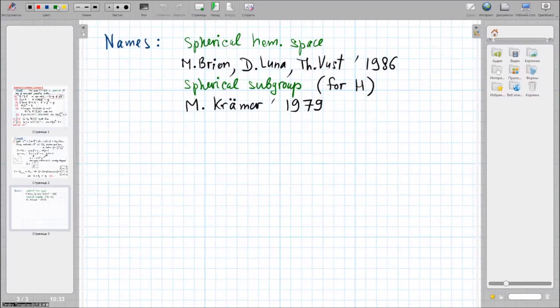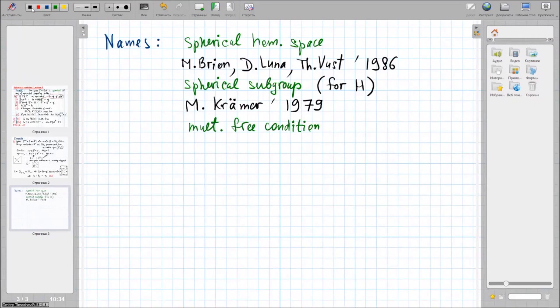The multiplicity-free property, multiplicity-free condition, and its equivalence with the other conditions defining sphericality.